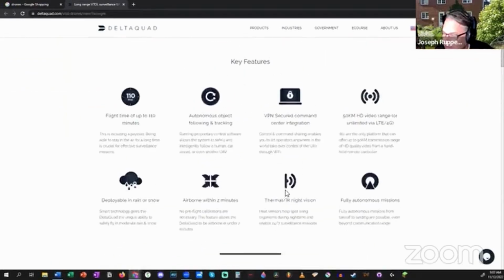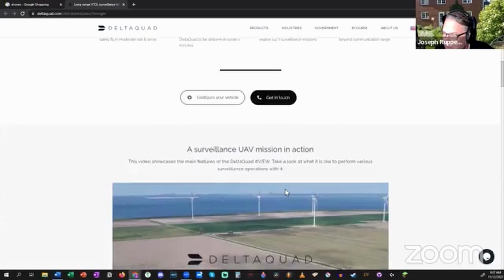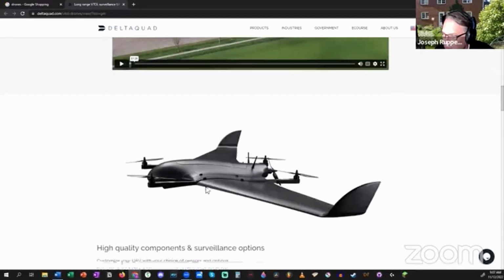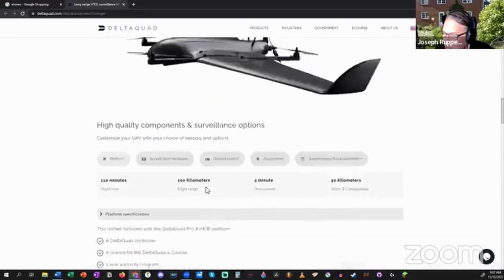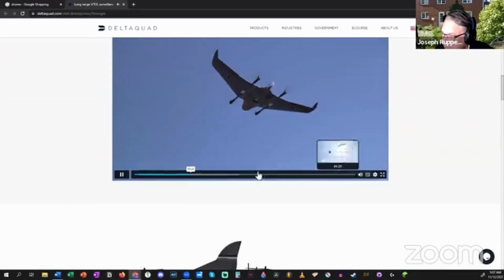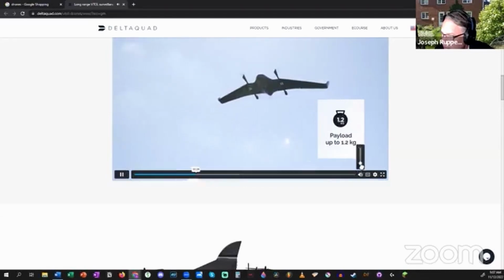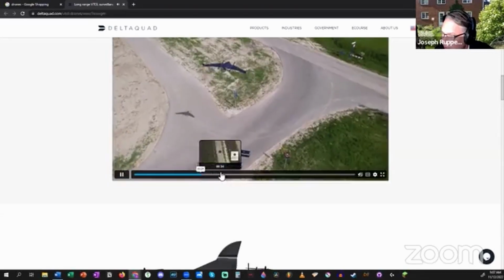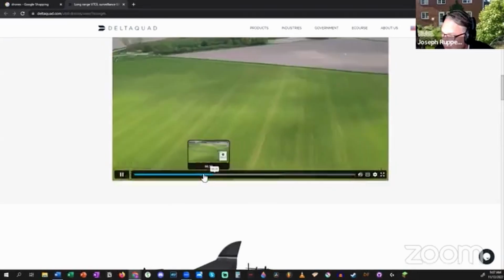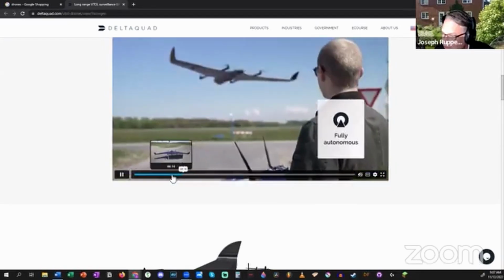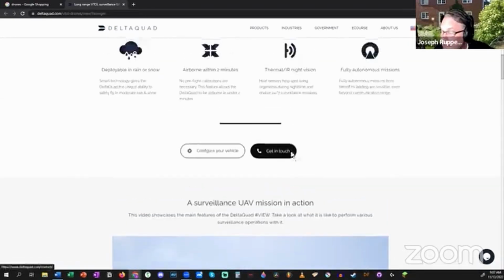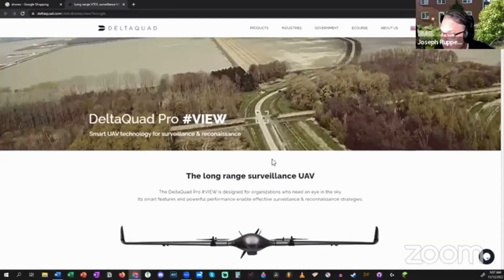Would this be legal for me to get something like this? Holy cow. It's noisy. Turn that off. Wow. This is frightening. This makes me nervous. Anyway, 10 grand for a drone like this.